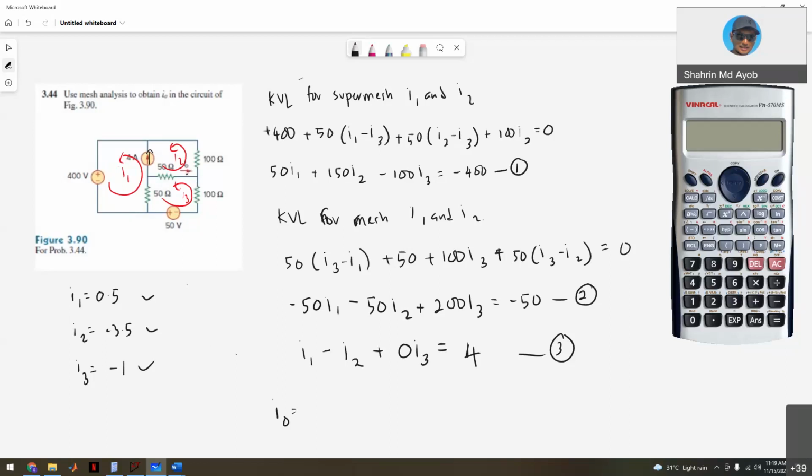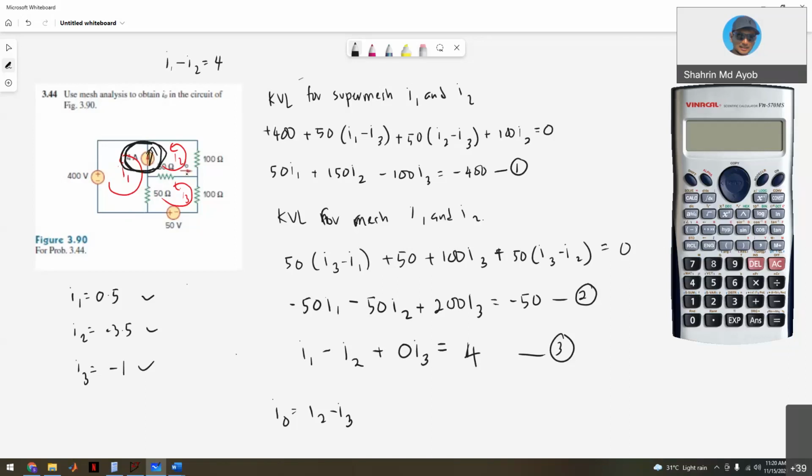Since IO is in the same direction as I2, you need to write down the equation I2 minus I3. It is the same as what we implemented to obtain the 4 amperes here. The 4 amperes is in the direction of I1, so I need to write I1 minus I2 is equal to 4. The same applies for IO here.